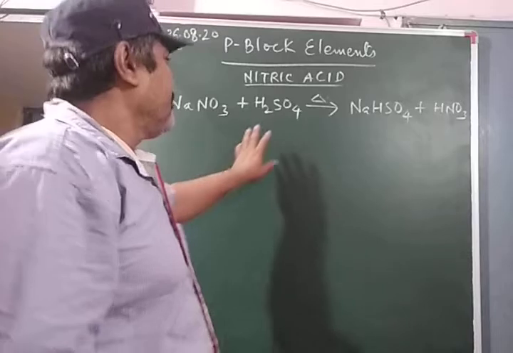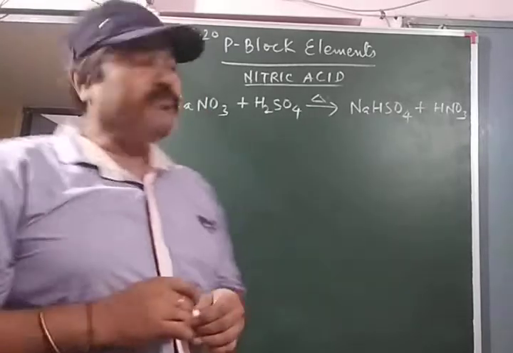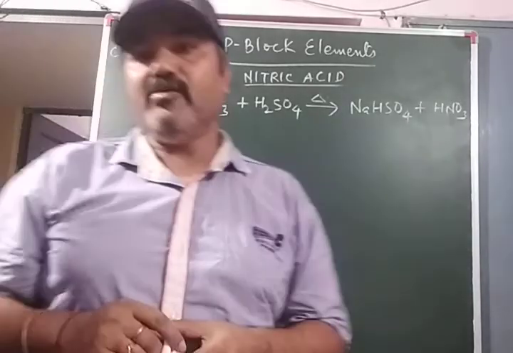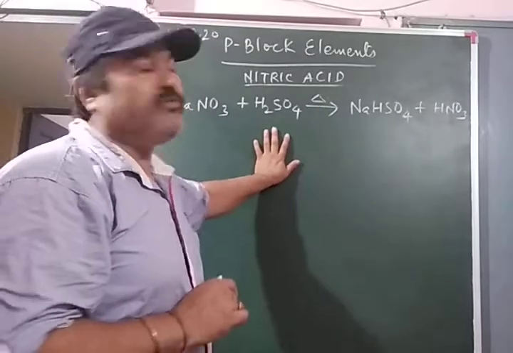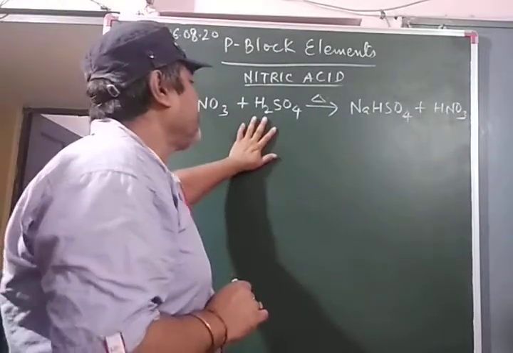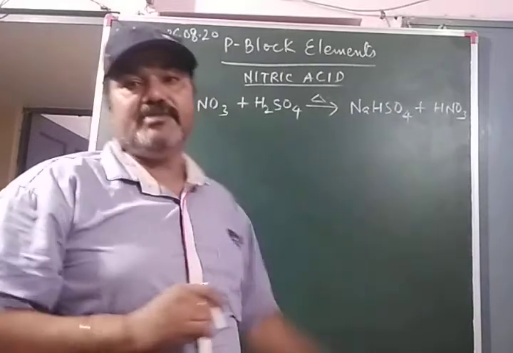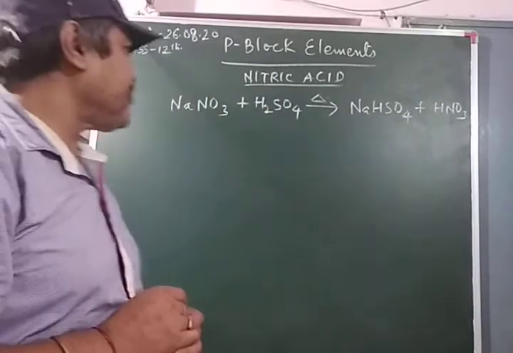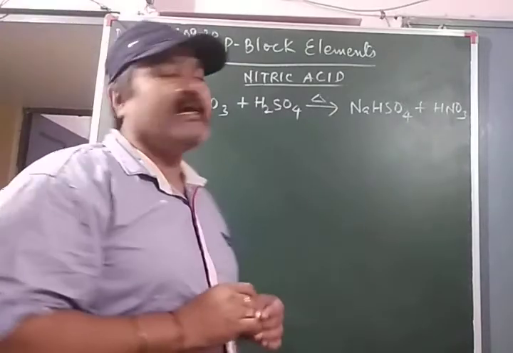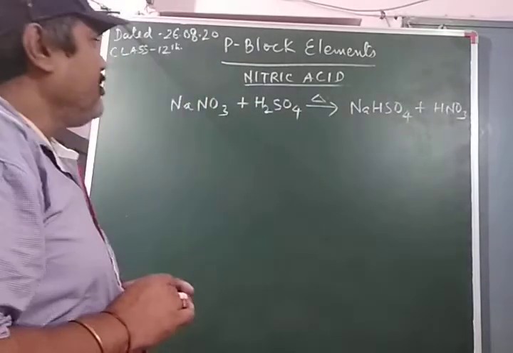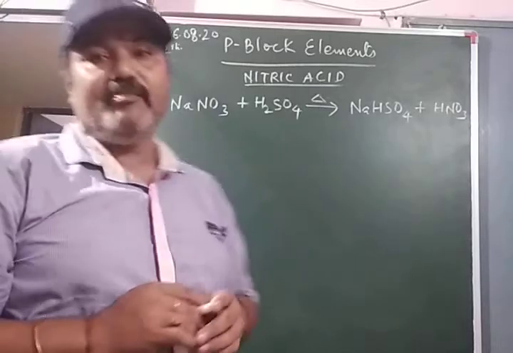But when we want to prepare nitric acid on a large scale, we can't use this method, because this method is used to prepare HNO3 in the laboratory. When we want to prepare nitric acid on a large scale, we will use the Ostwald method.